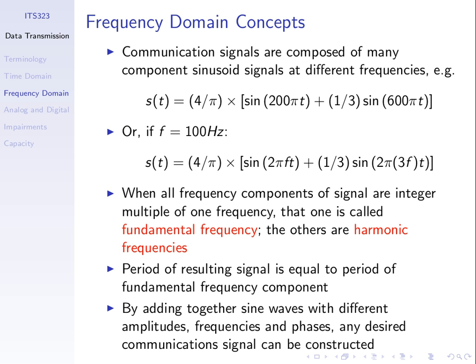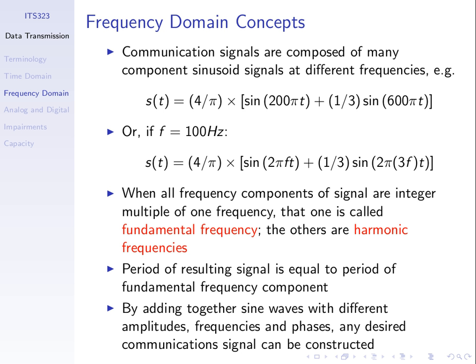F equals 100. 2 pi ft, we have 200 pi t, f equals 100. The frequency of this signal is 100 hertz. Second one, peak amplitude 4 on 3 pi, a third of this one. Sine, phase is 0, frequency is 300 hertz. Just two simple sinusoids. The signal here is the summation of those two. S of t is in fact S1 of t plus S2 of t.